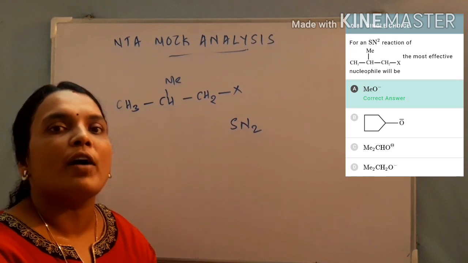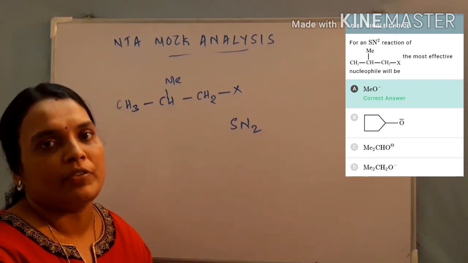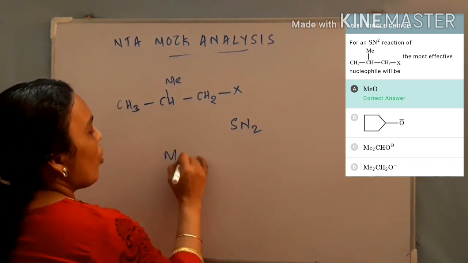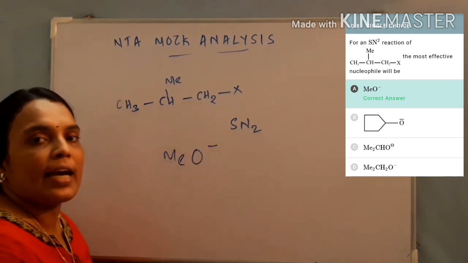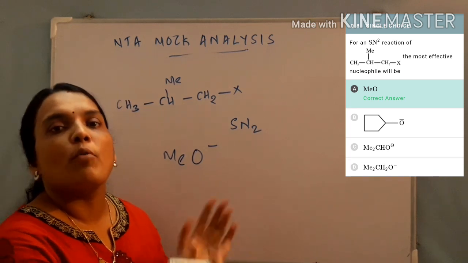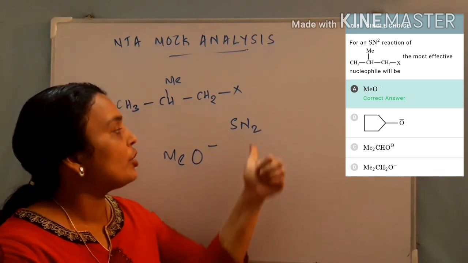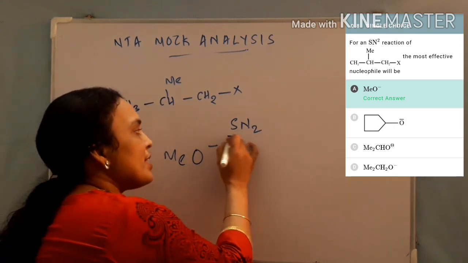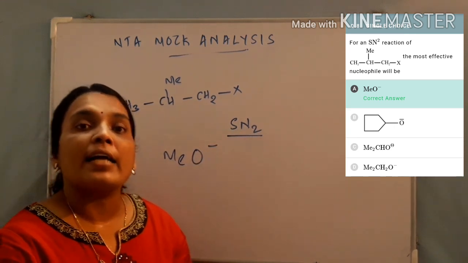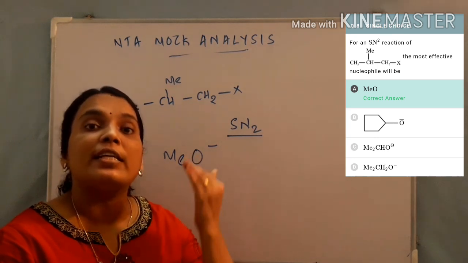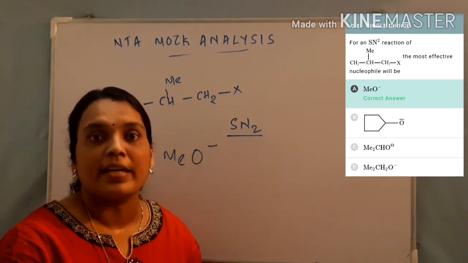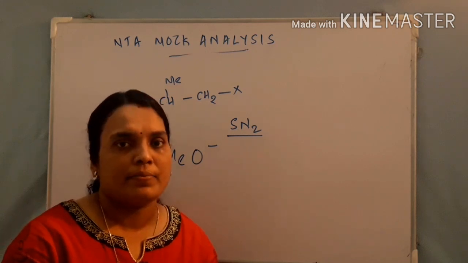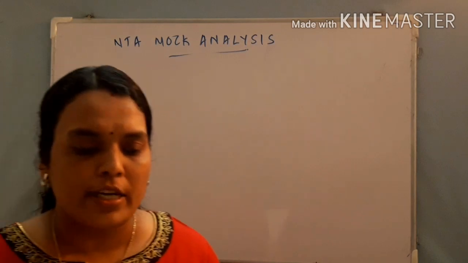The smaller the nucleophile, the greater the reactivity. So out of the different nucleophiles, MeO minus, the methoxide ion, is the most reactive nucleophile towards the SN2 mechanism. Remember, in the SN2 mechanism, reactivity decreases with increasing bulkiness. Okay, come to the next question.